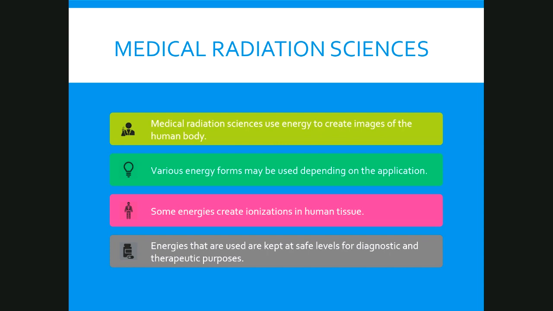Ionization, by definition, is when the radiation has the ability to ionize atoms in matter. And typically when we speak of matter, matter is anything that has mass, occupies space, and has shape. Usually when we talk about matter, we're talking about the patient.